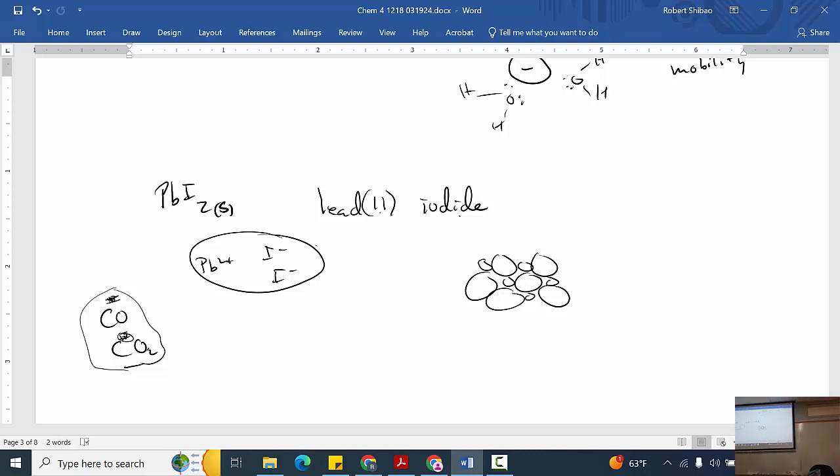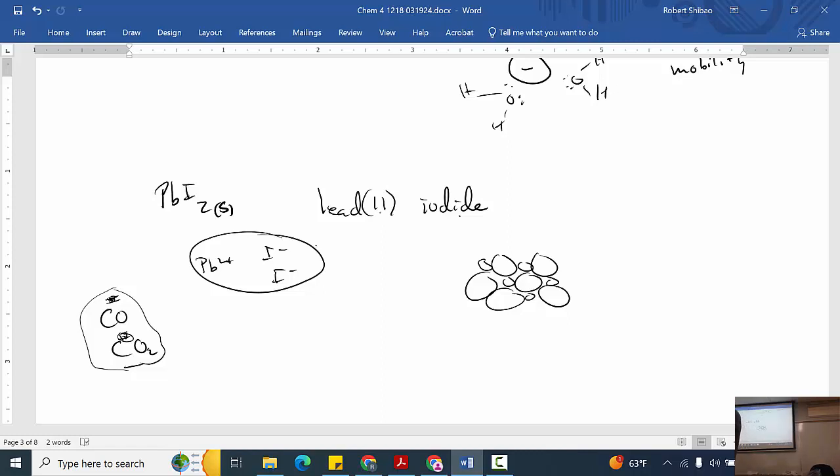Lead 2 is more hazardous. Lead forms a lot of colorful compounds like this. They use a lot of lead compounds in paint pigments. So this is a really nice orange. Lead also forms a really nice, very bright white color.